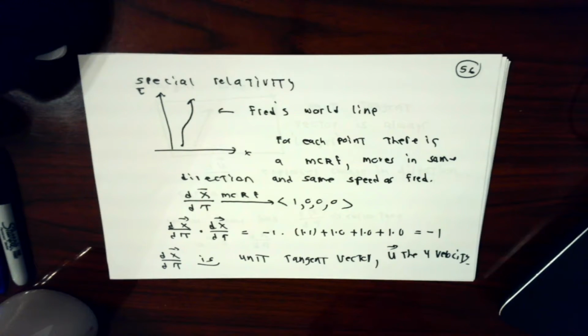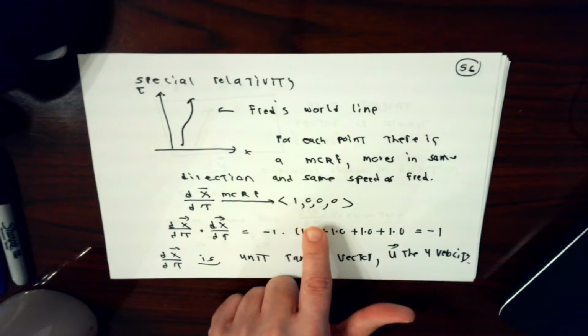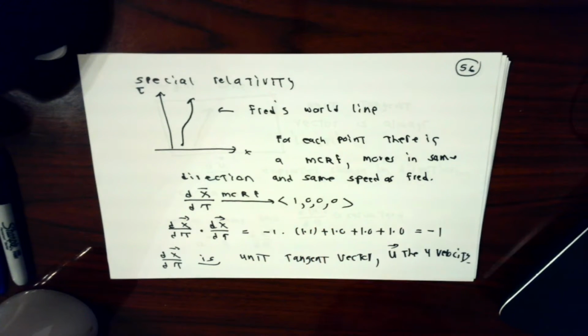If an individual is moving along some world line, either at a uniform speed relative to whatever frame we're using, or using a momentarily co-moving reference frame, then the derivative of the four-dimensional location with respect to proper time is automatically going to have components 1, 0, 0, 0 at each point along the world line.